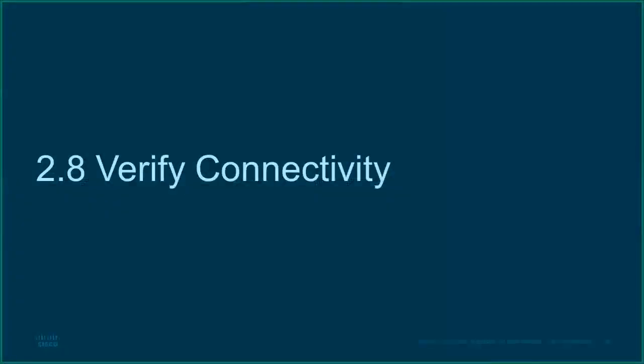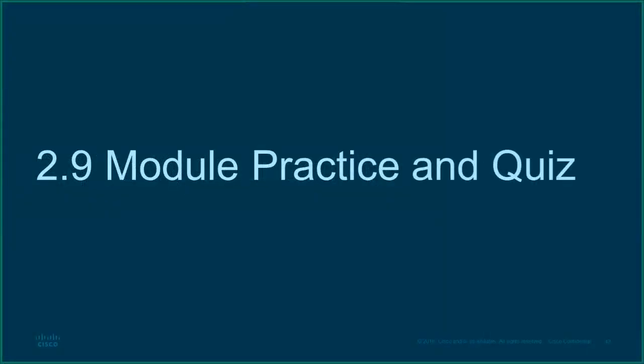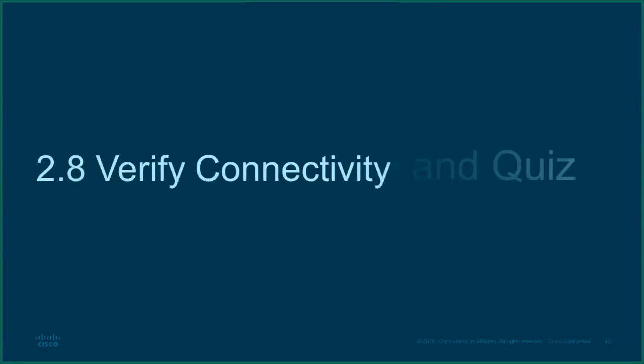We used to use secondary IP addresses within interfaces in the lab environment, which was fun. Verifying connectivity is the ping command, and the reason there are no slides here is because I've deleted them, because they basically said go do a video.